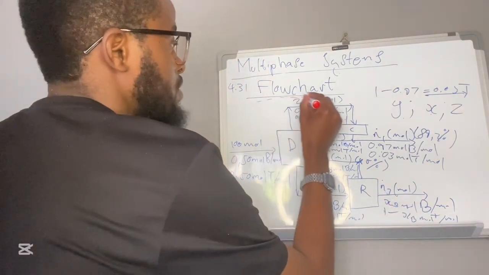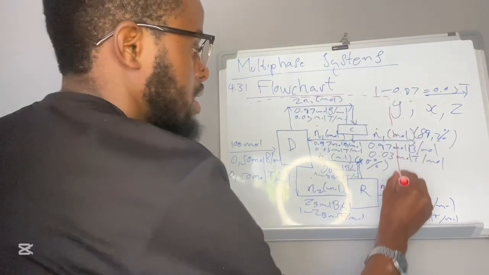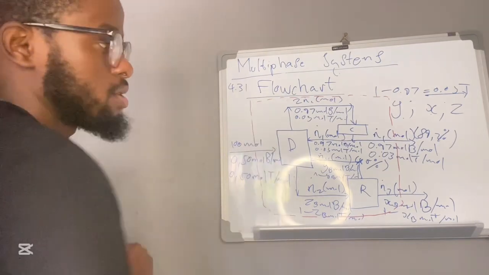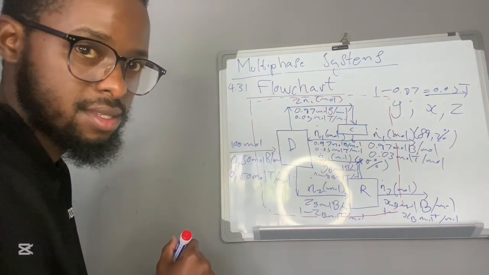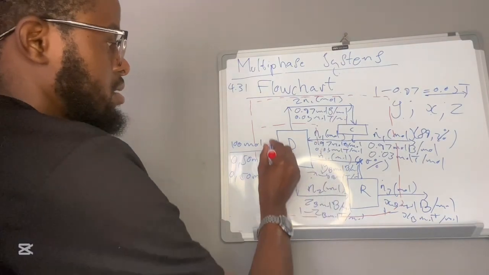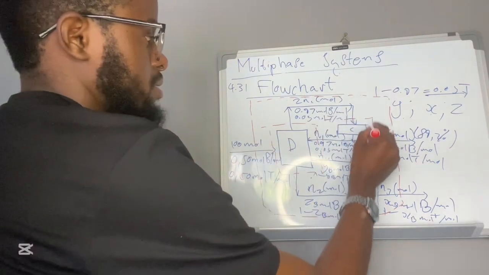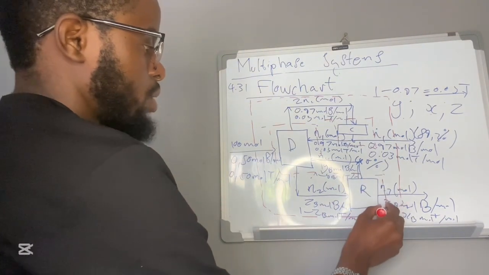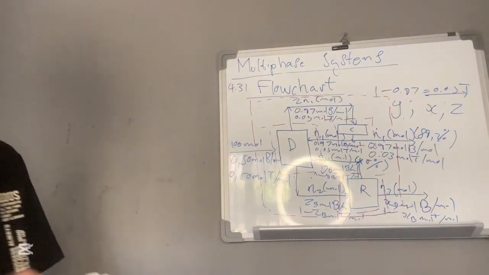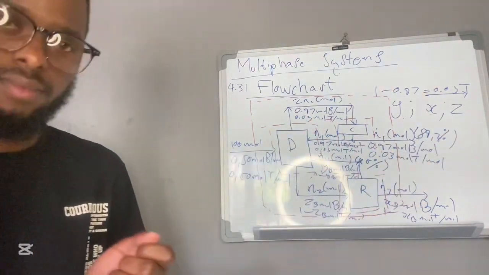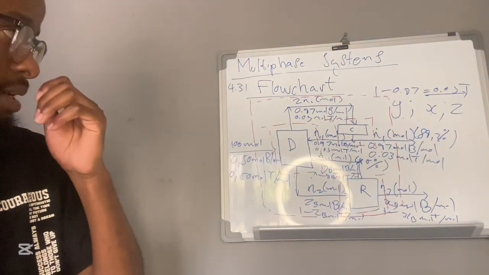This is my overall balance. I hope you guys are taking notes of that. This is my distillation column, this is my condenser, and this is my reboiler. So that's my flowchart. This is the complete flowchart right there.